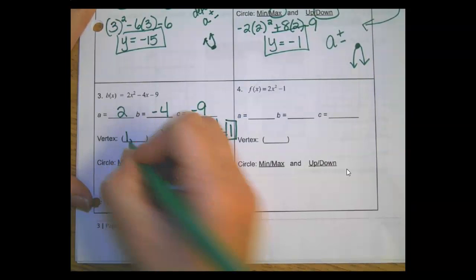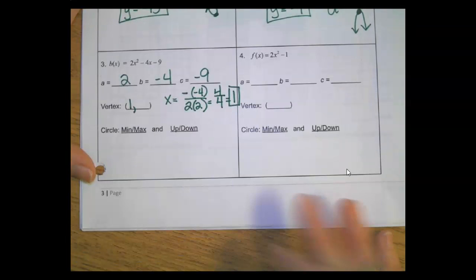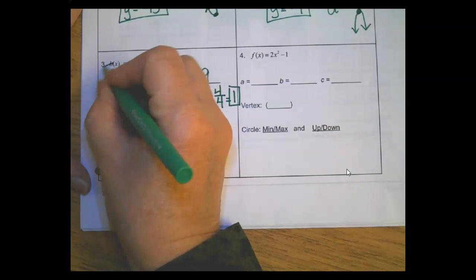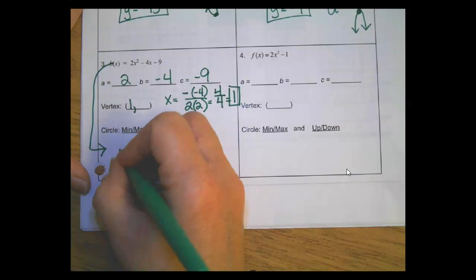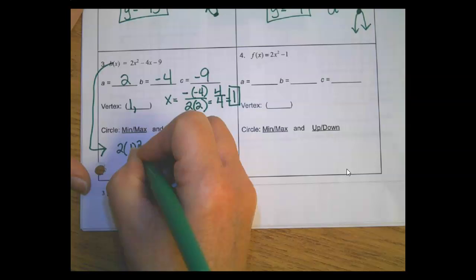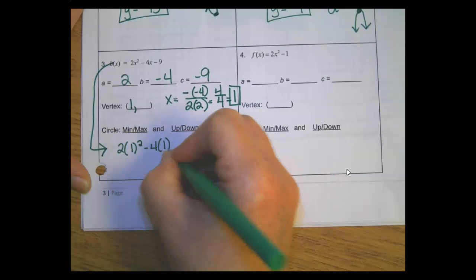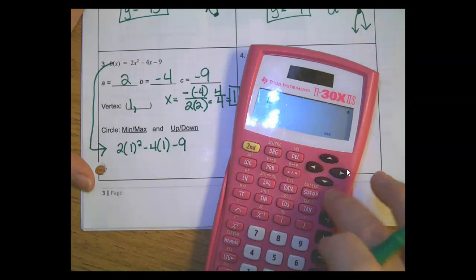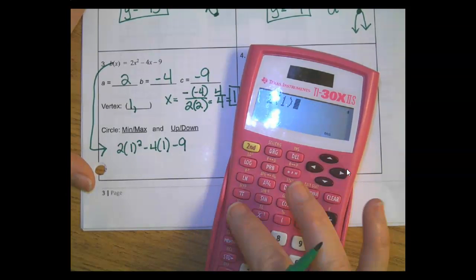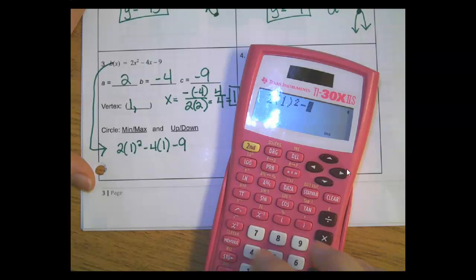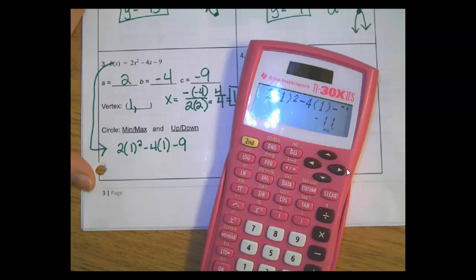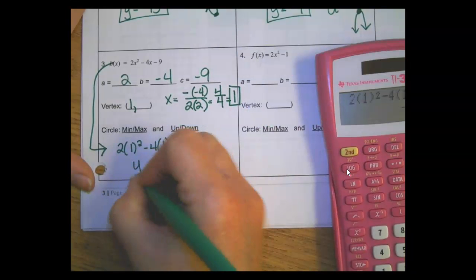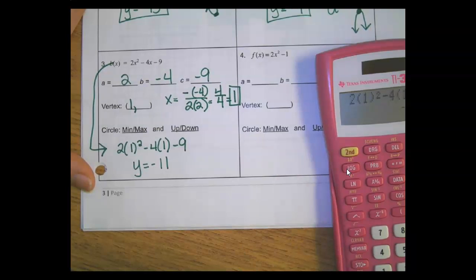So my vertex is 1 for my X. For my Y, I'm going to substitute that in. 2 times 1 squared minus 4 times 1 minus 9. Punch that into your calculator. I got negative 11, and hopefully you did too.